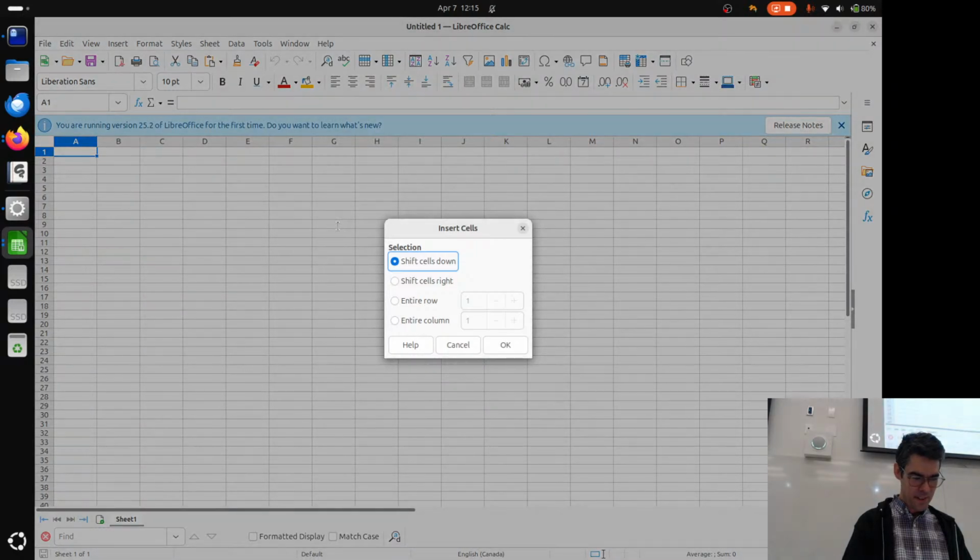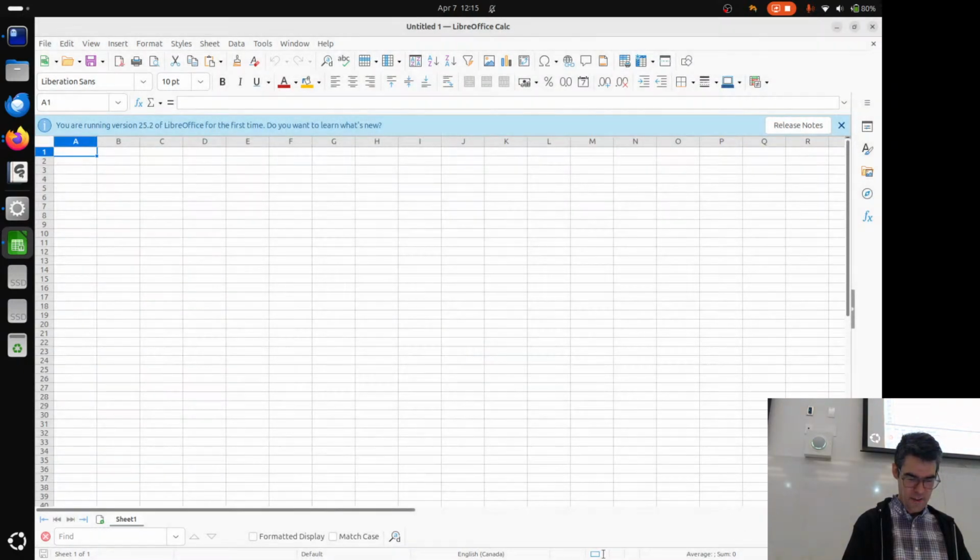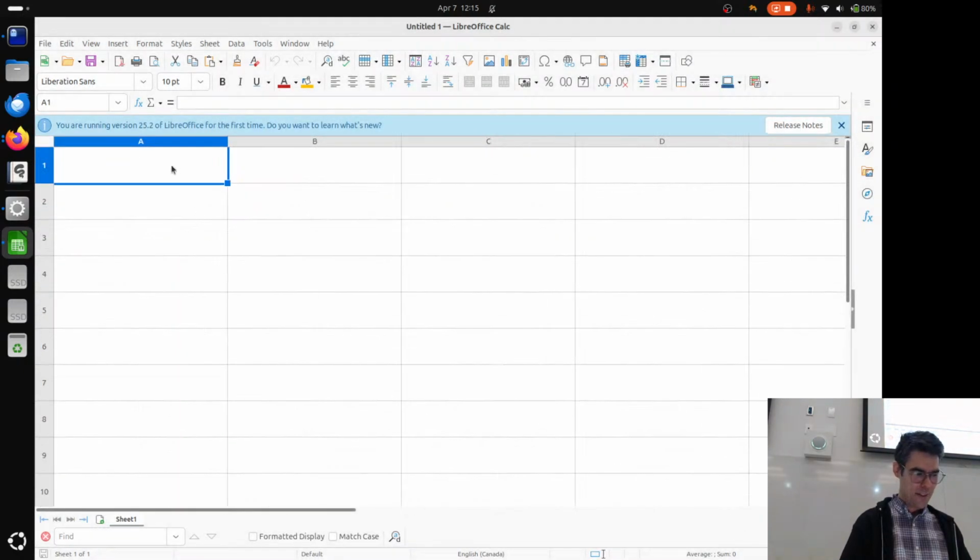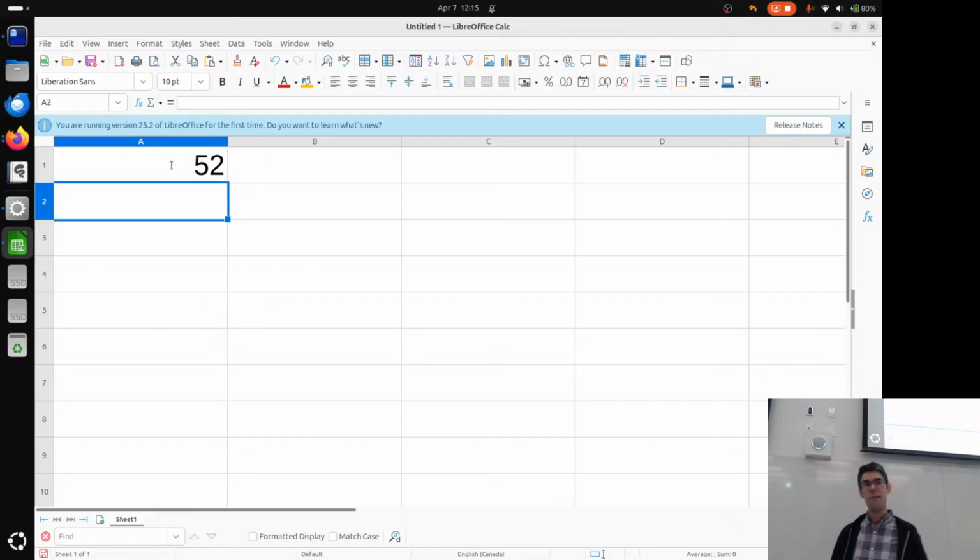I'm going to make this much, much bigger so that we can actually see the one cell that I care about. We've got here 64 minus log, and what I want is 4096 to the power of 2. So we have a total of 52 bits left, 52 bits worth of virtual page numbers in this system.